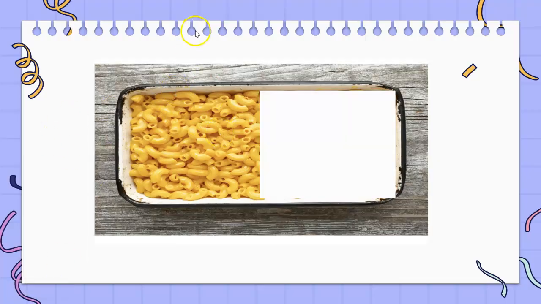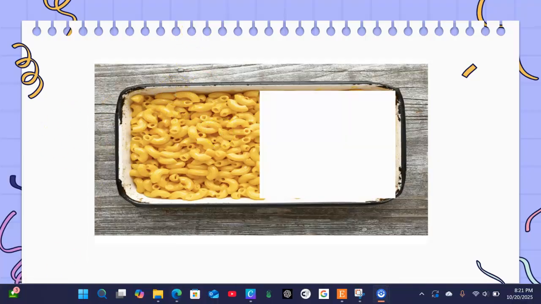All right, so let's just say, let's give a story. Miss Howard is visiting her family and half of the pan of mac and cheese is left. Miss Howard would like to eat some mac and cheese. So I am going to cut a third of the mac and cheese.